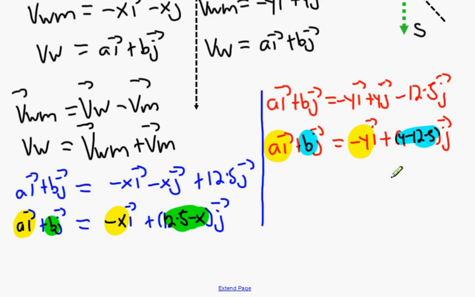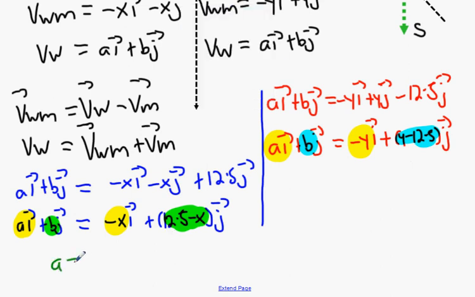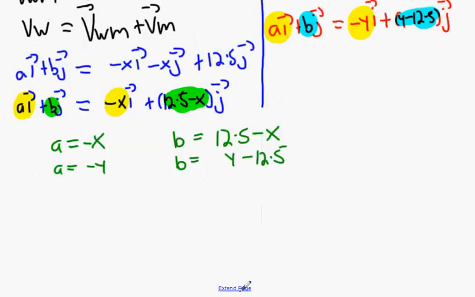So I'm going to write down all these equations and see what I can do with them. A equals minus X. B equals 12.5 minus X. A equals minus Y. B equals Y minus 12.5. Okie dokie.